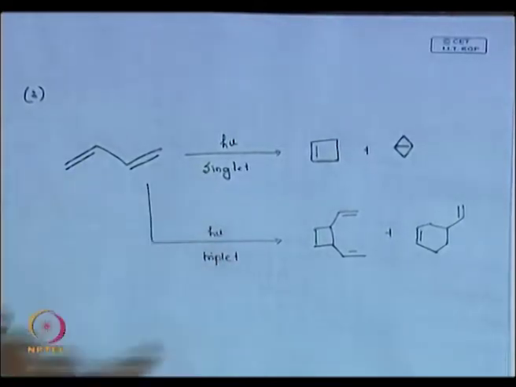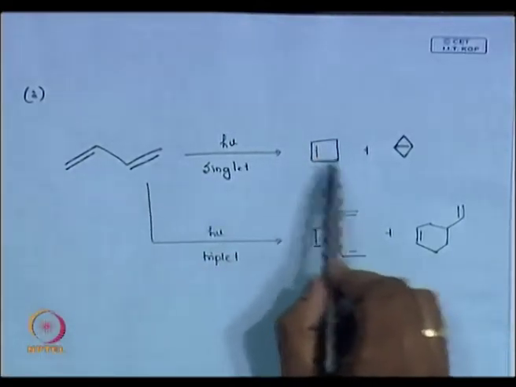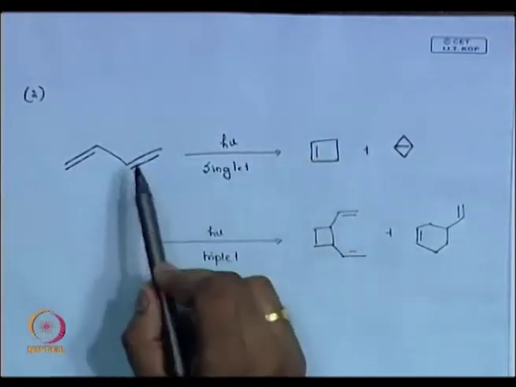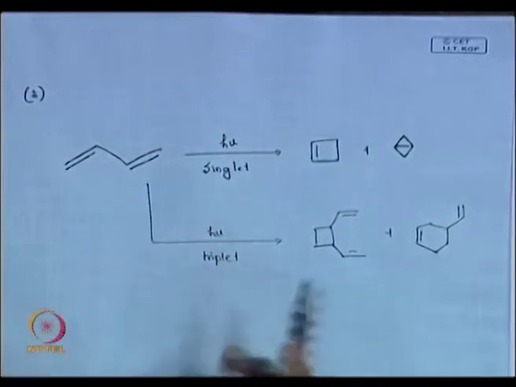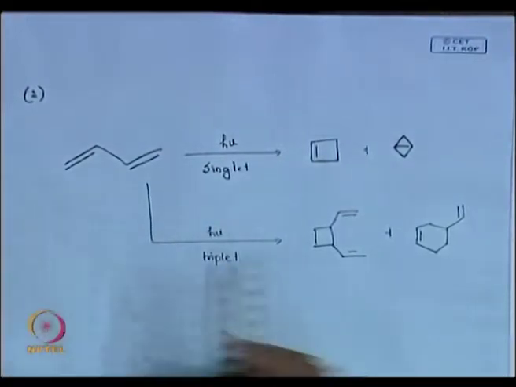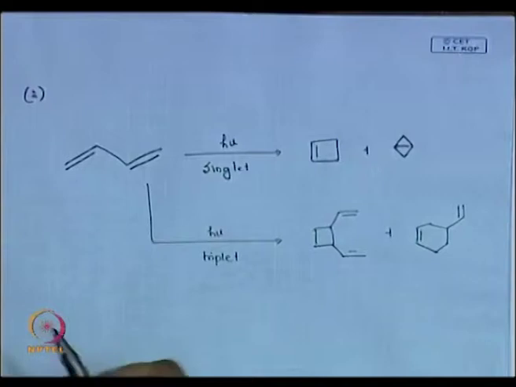Your singlet is basically a cyclic addition of one unit of butadiene, and in your triplet it is two butadienes coming together and giving you this product, fine.